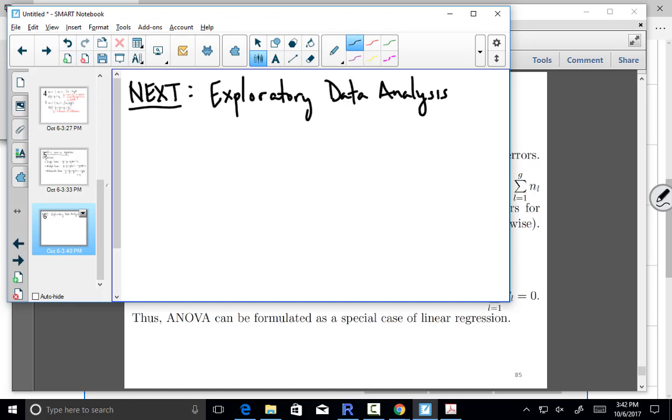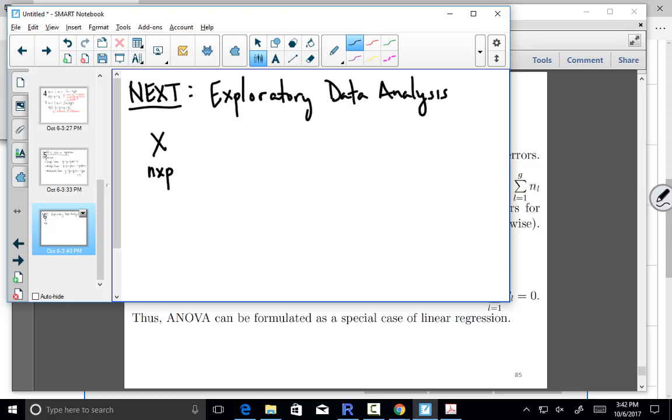So let's suppose we have a multivariate data set. It's an n by p matrix of numbers, and I want to look at it. I want to make pictures of this data set. There are definitely things we could do for one variable at a time that are not complicated. We have p variables.